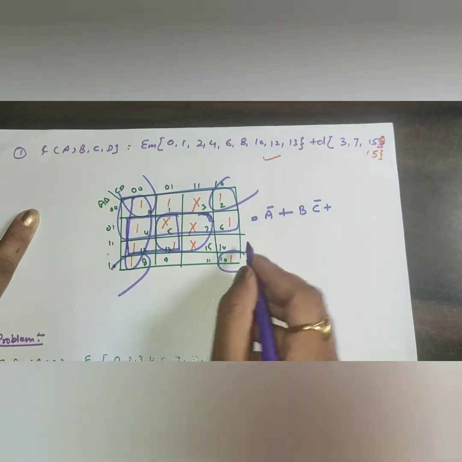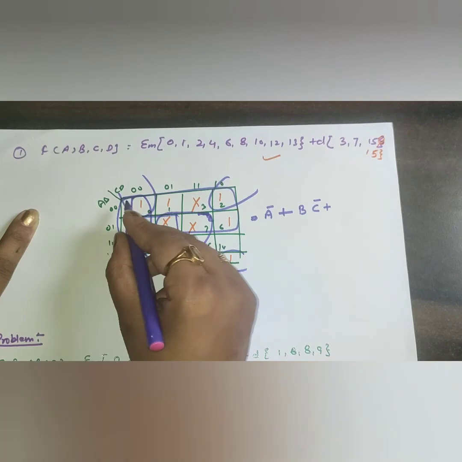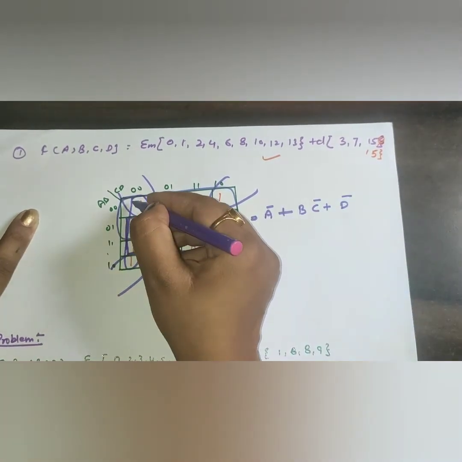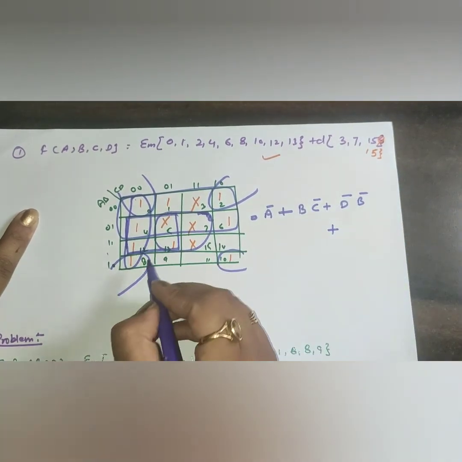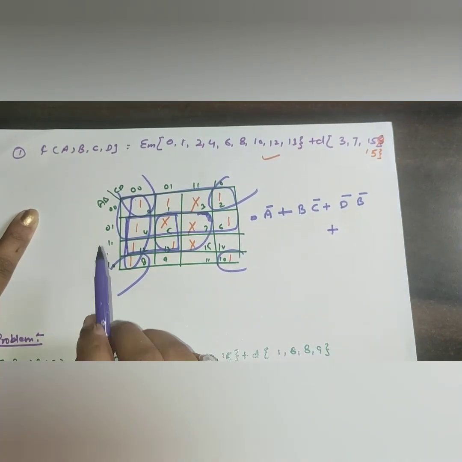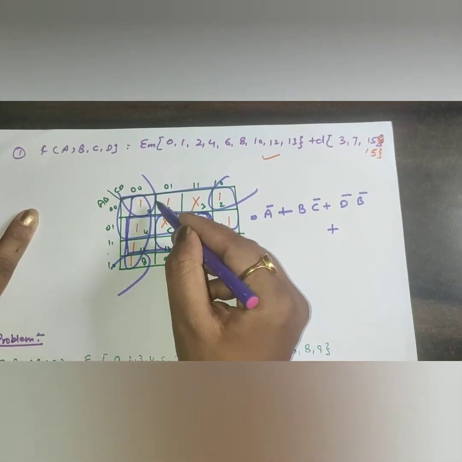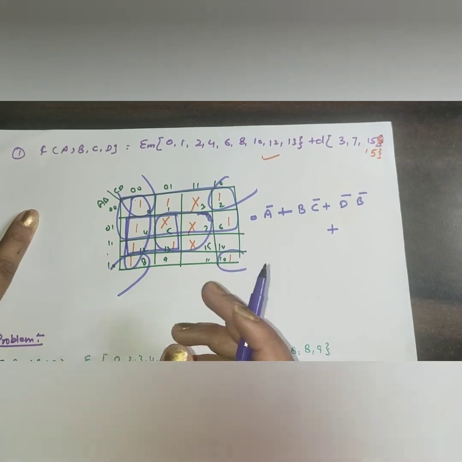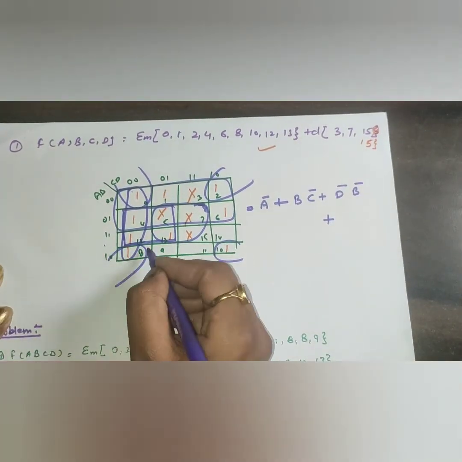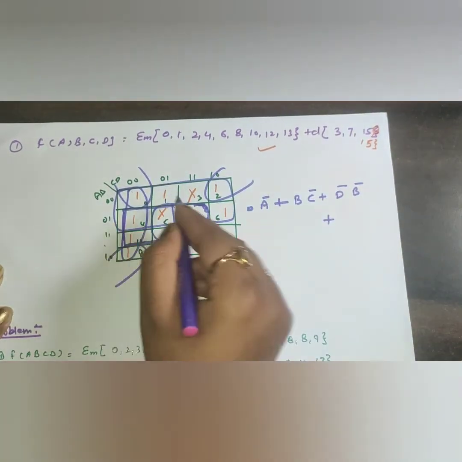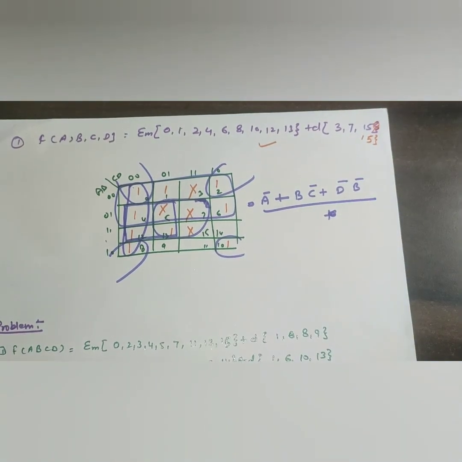Plus from here to here C will be eliminated, only D bar is there, and here to here you can check only B bar is there. I think all the groups are considered. This 4 will be remaining, or you can leave this group also because all the ones are considered. You can remove this group also. Okay, so this is our final answer.